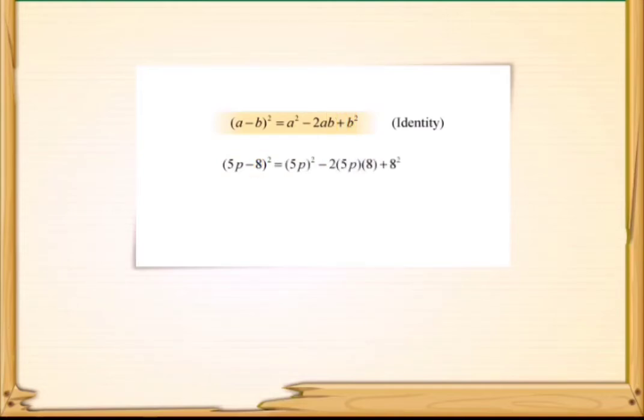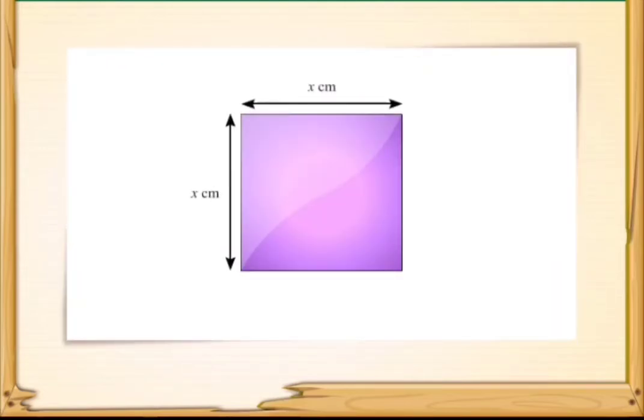On substituting, you get (5b) whole square minus 2 multiplied by 5b multiplied by 8 plus 8 square. Calculating the right-hand side further results in 25b square minus 80b plus 64. You have learned to use the two identities to simplify binomial expressions.